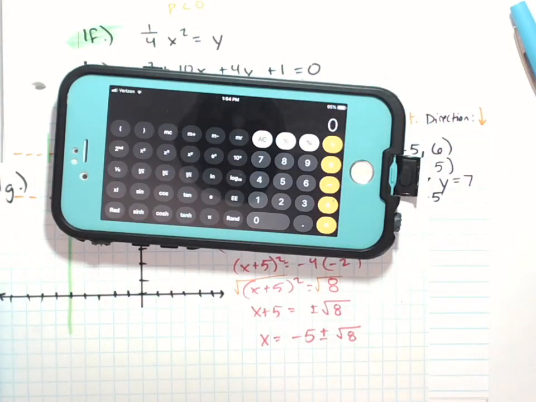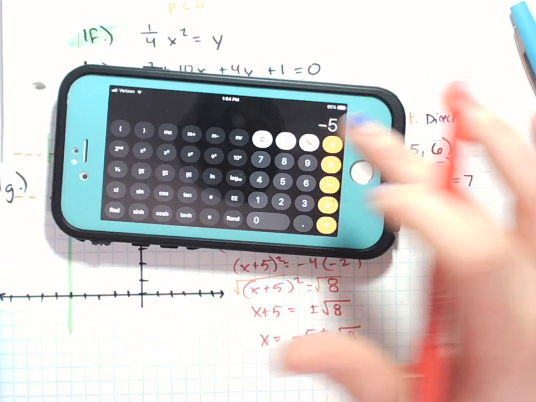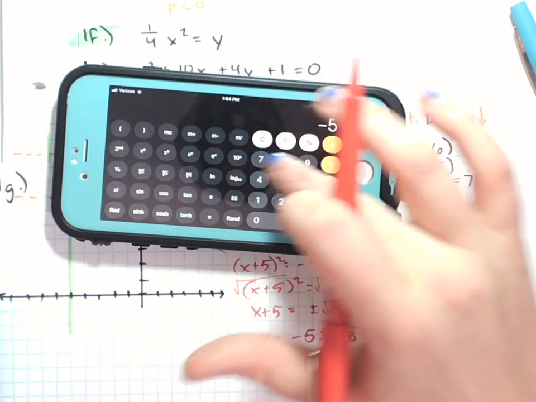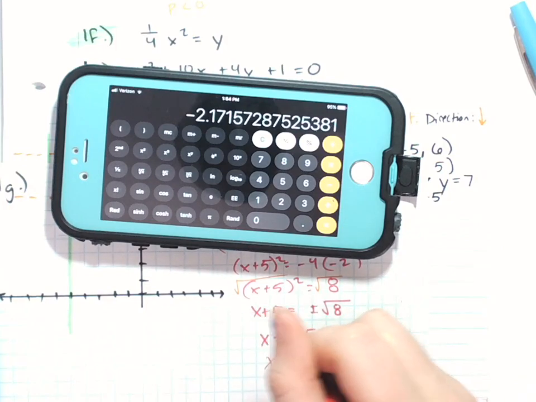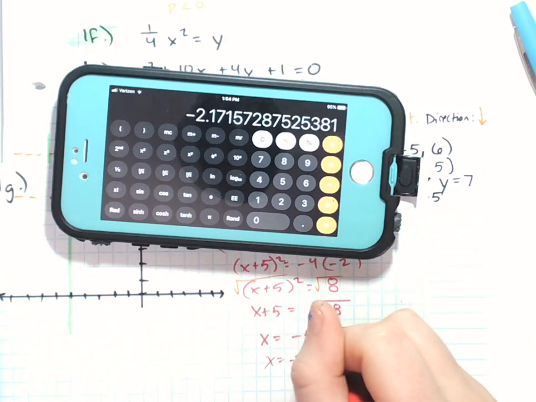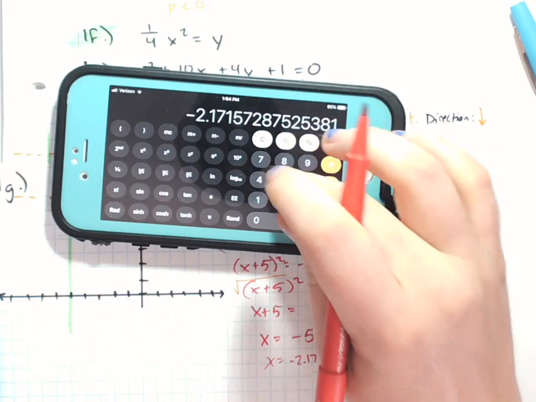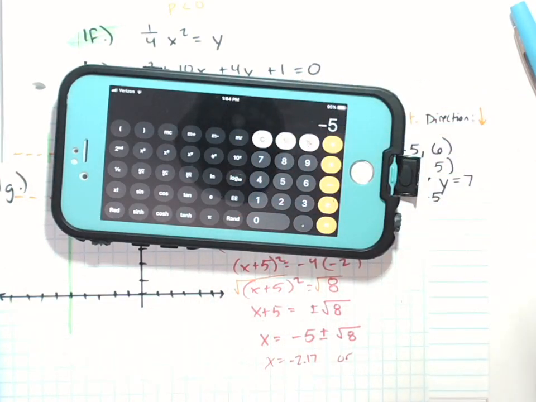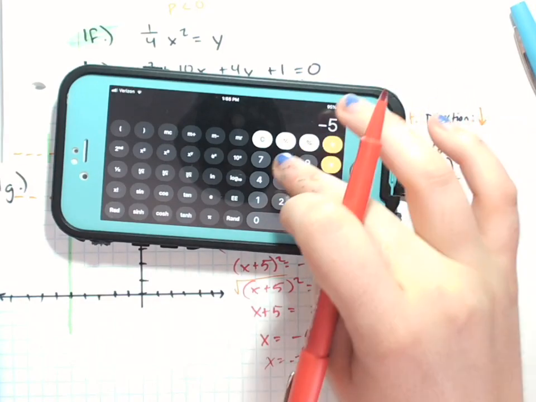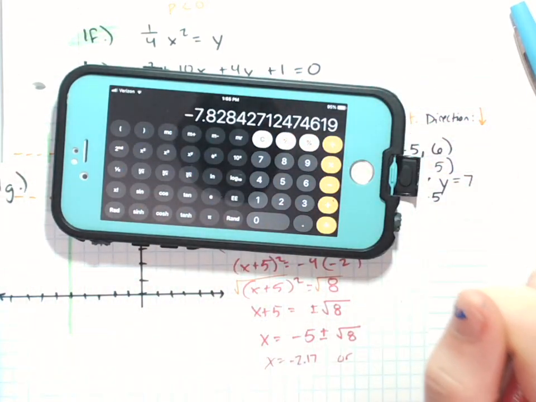So we've got -5 plus the square root of 8. So I got x equals -2.17 or -5 minus the square root of 8.